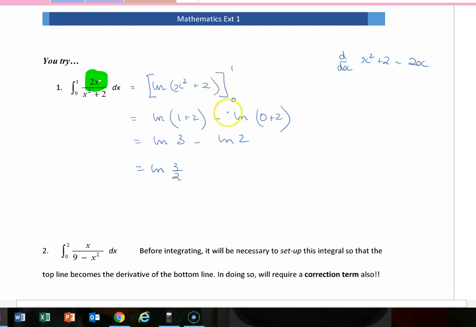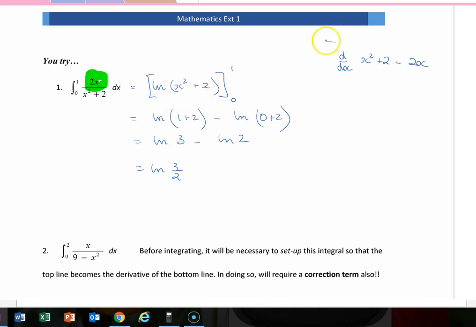You need to be really careful on these log integrals, because we rarely get a 0 substituting x equal to 0. So you will always need to substitute x as 0 in.